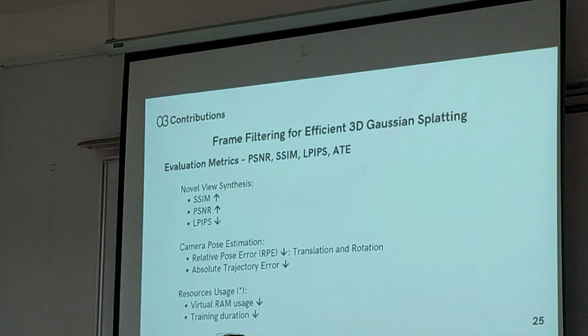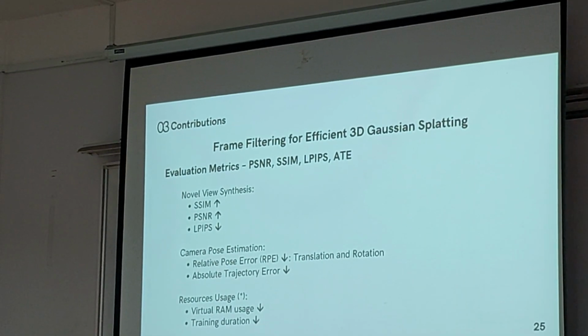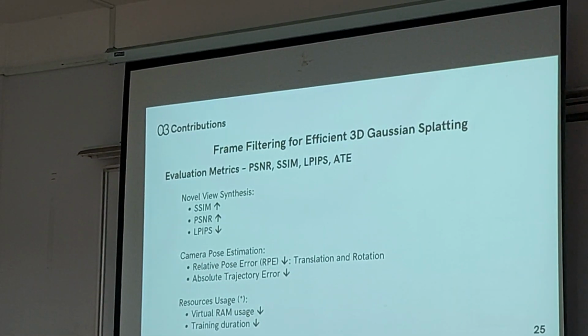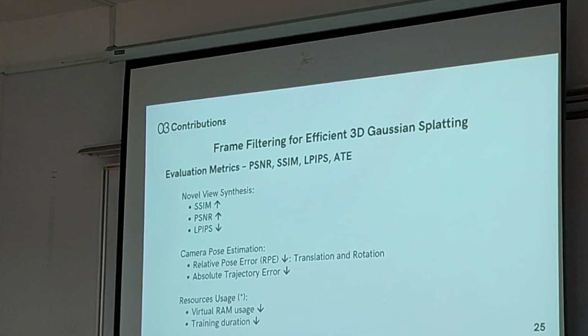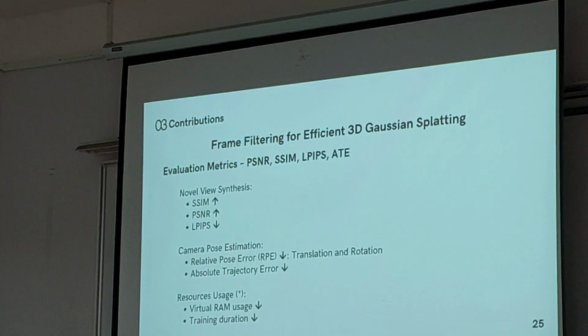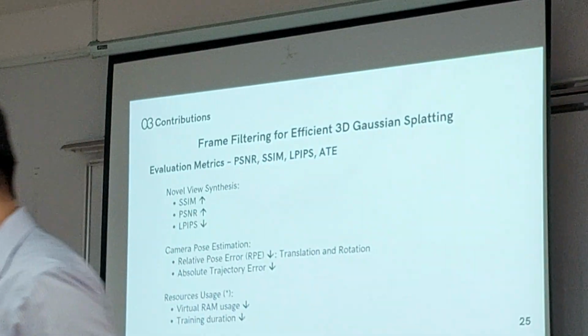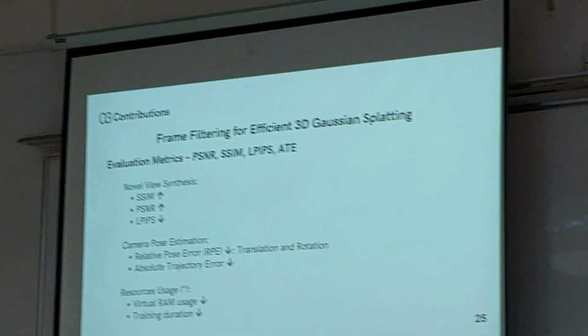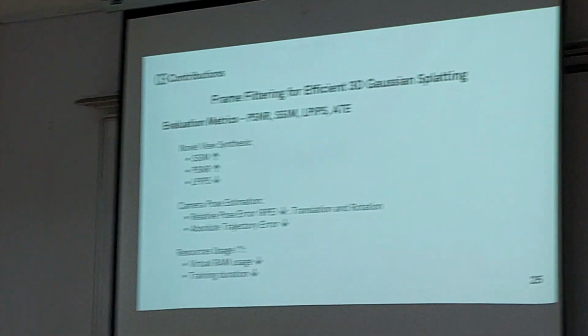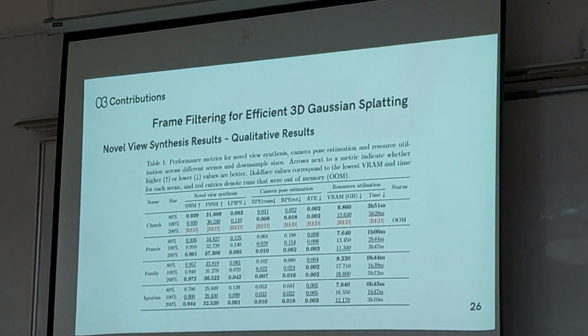We have the metrics for novel view synthesis: structural similarity, peak signal-to-noise ratio, and perceptual similarity. For camera pose estimation, we have the RPE translation and rotation, and the ATE. To prove our scalability, we also measure resource usage, which includes VRAM usage and the training duration.